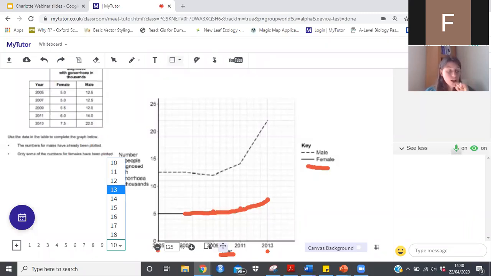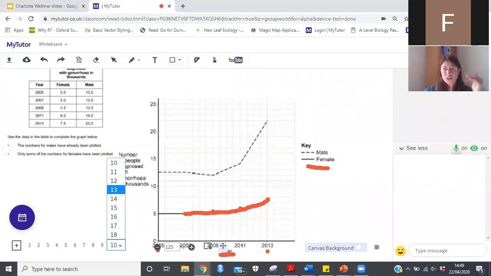How do you know to draw a line of best fit? So we usually use lines of best fit when we have continuous data, or when you've got graphs with lots of values in them. This is quite a difficult one to explain. Usually, if you are drawing a line of best fit, the question will say, draw a line of best fit through these dots, or through this data plotted on this graph.